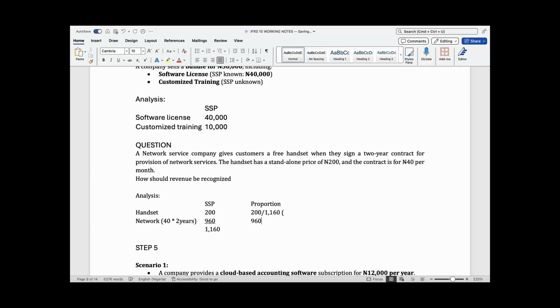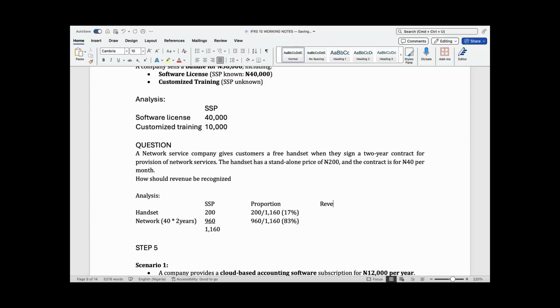It should be 960 divided by 1160, 0.172. Okay, let's say 17%. And let's say this is 83%.